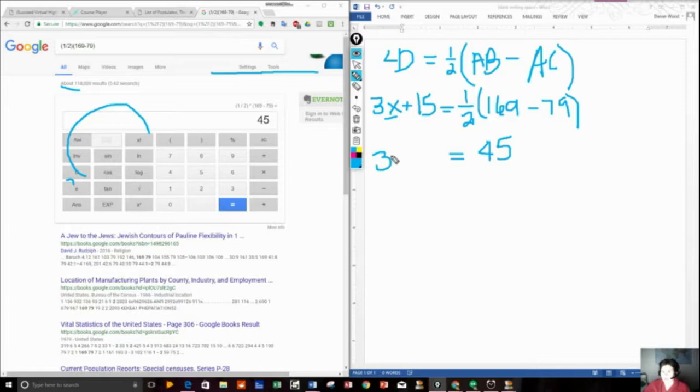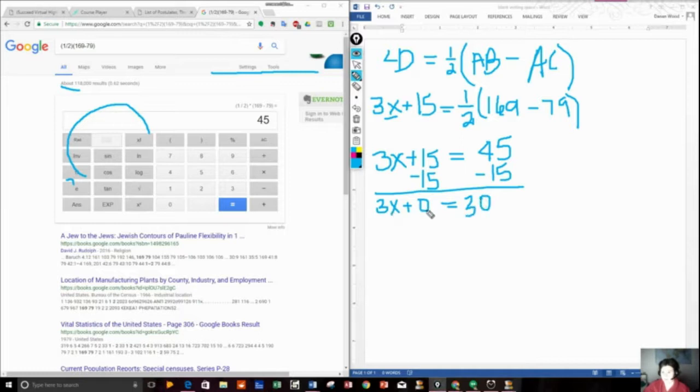We have 3x plus 15. Now we're trying to solve for x. Since this 15 is being added, we're subtracting it to make 0 and move it to the other side. So then we have 3x. 15 minus 15 is 0, that was what we wanted to see there. 45 minus 15 is going to be 30.